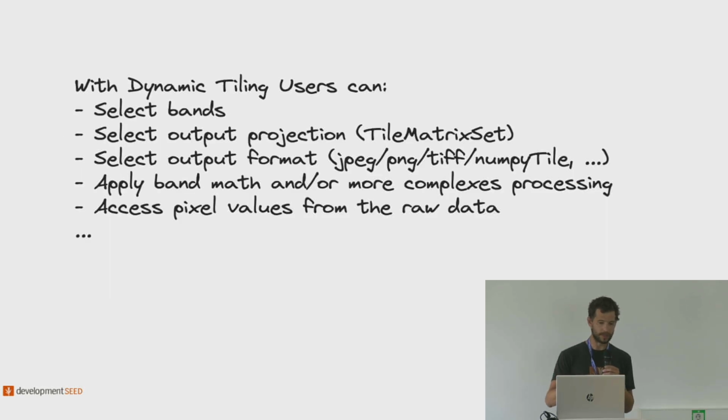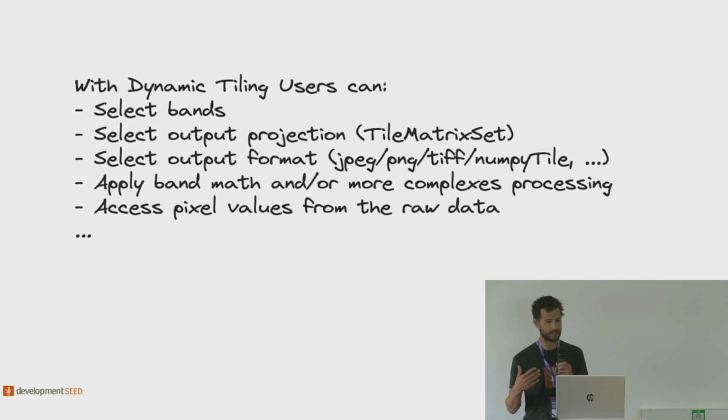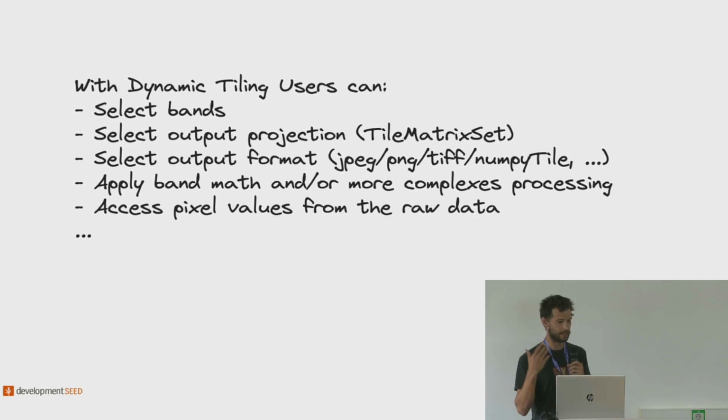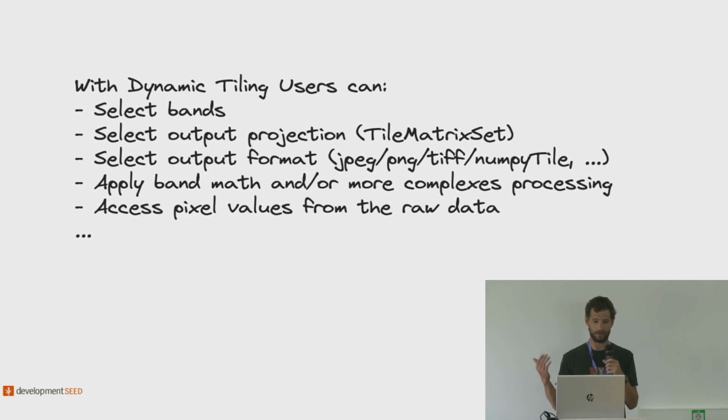And so, just to summarize, dynamic tiling is all about giving power to the user, so they can select bands, select the output projection, select the output format, because it doesn't have to be JPEG or PNG. You can also have TIFF or NumPy tile or whatever format is supported by the tile server that you are using. And you can also apply band math and more complex processing.